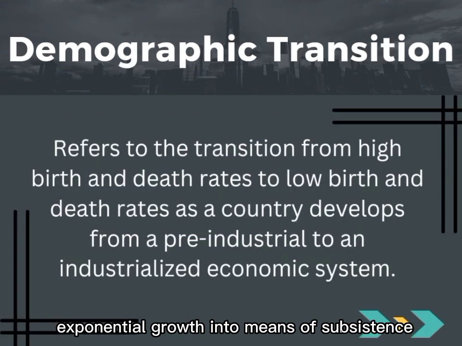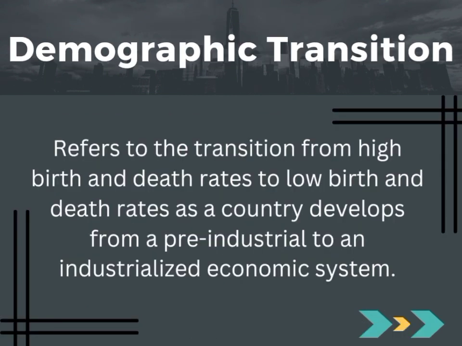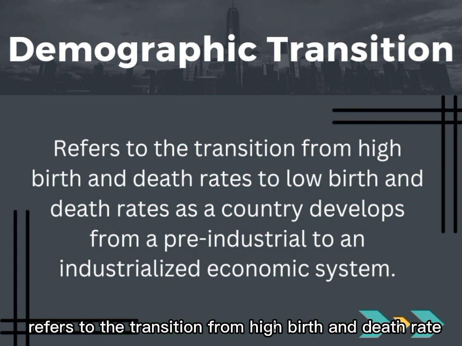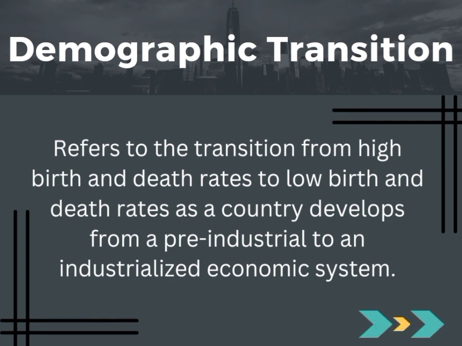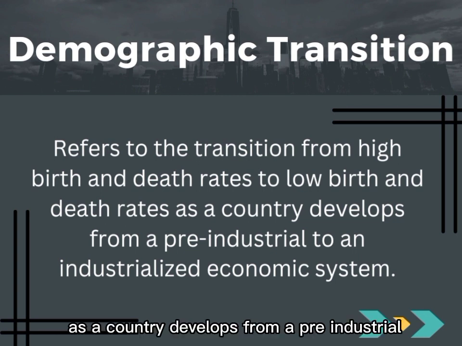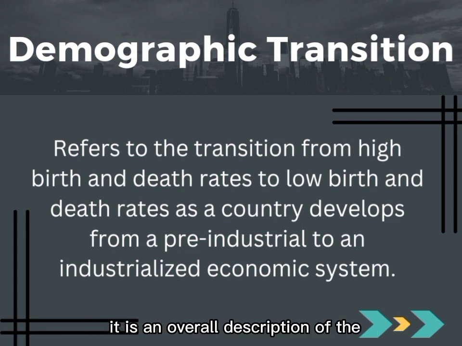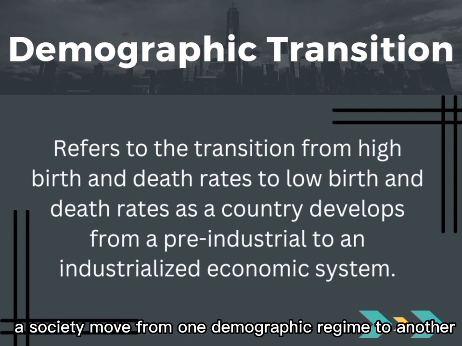Demographic transition refers to the transition from high birth and death rates to low birth and death rates as a country develops from a pre-industrial to an industrialized economic system. It is an overall description of the changing pattern of mortality, fertility, and growth rates as society moves from one demographic regime to another.